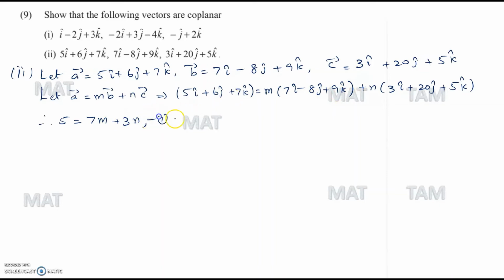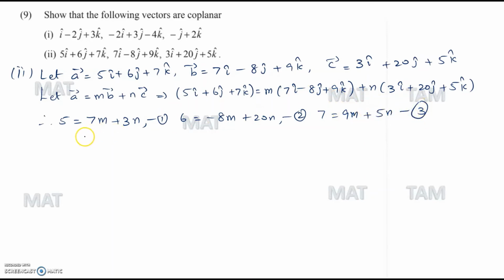This is equation 1. The second equation is 6 is equal to minus 8m plus 20n. And the third equation is 7 is equal to 9m plus 5n.